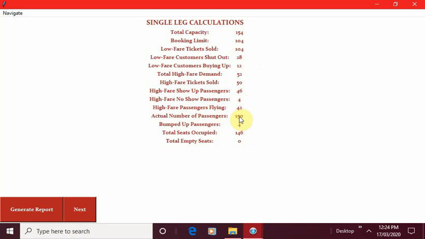The actual number of passengers were 46, that is high fare show up passengers, plus low fare tickets sold. So 104 plus 46 is 150.